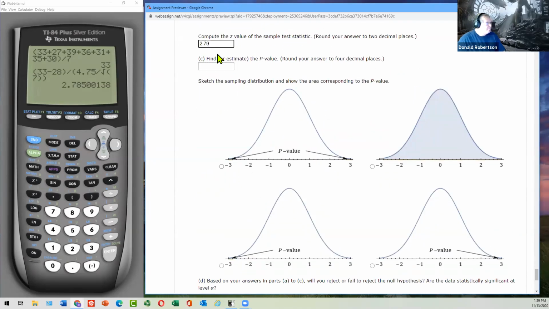Why do I know that I'm probably going to get a significant result here? Well, what's special about a 2.78 Z-score that tends to mean you're probably most of the time going to get a significant result? Phrase it a different way.